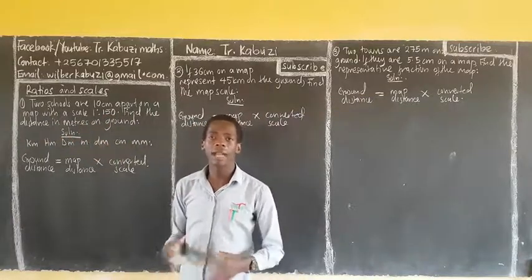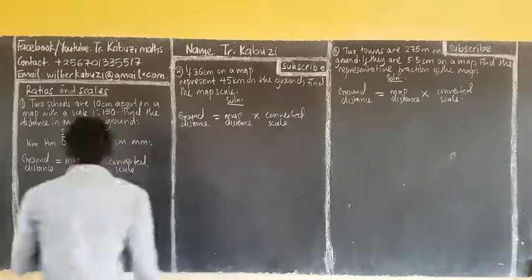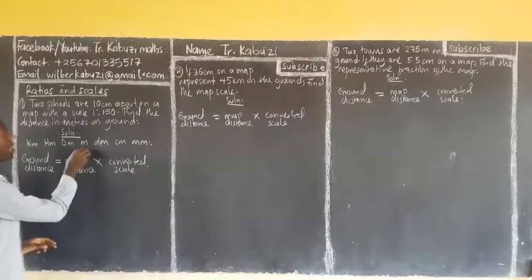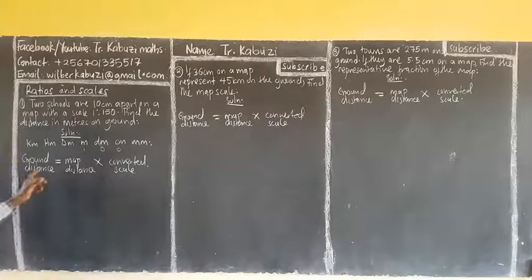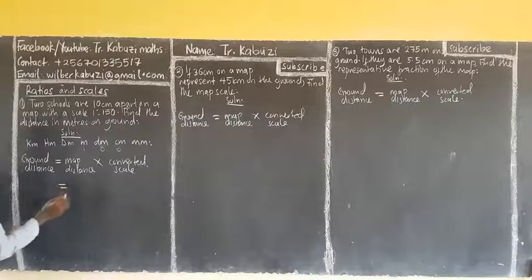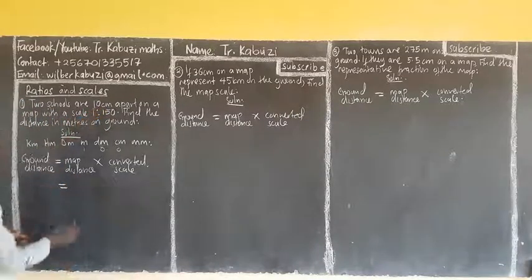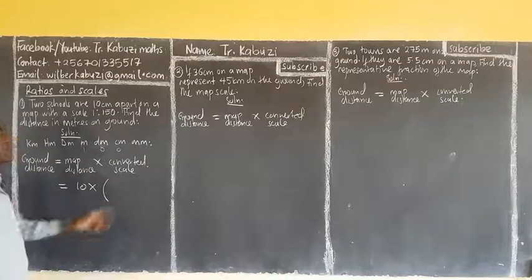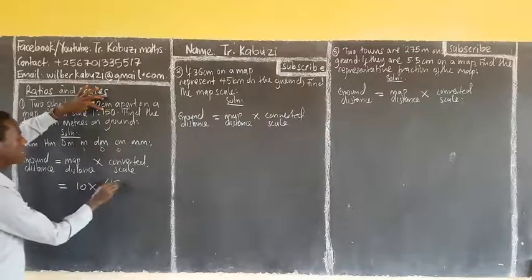This time they want us to get the distance in meters. You know that 1 meter has 100 centimeters. So the distance they want will be the map distance, which they told us is 10, times the scale of the map, which is 150.